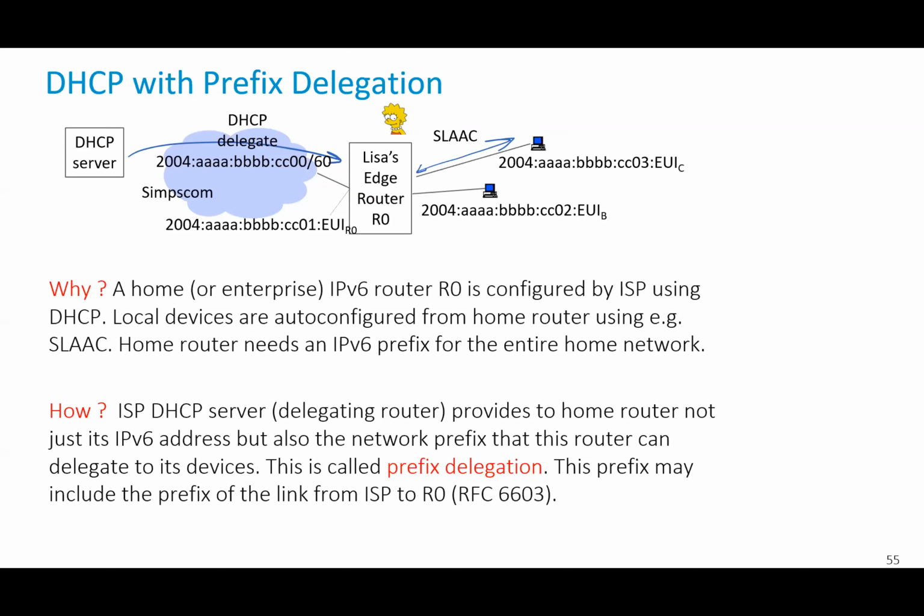The other way of doing it would be you allocate to Lisa a prefix, and the home router address, as visible on the provider network, is a different one. It doesn't fall in this prefix.